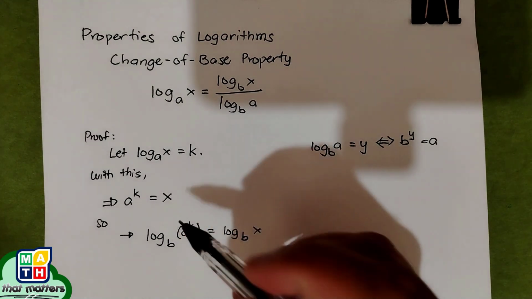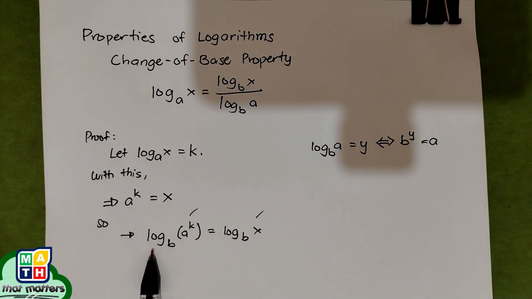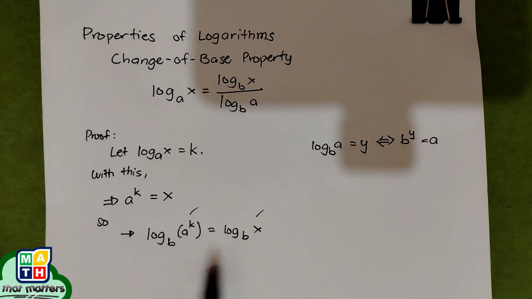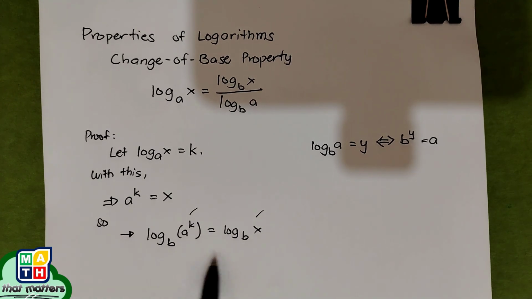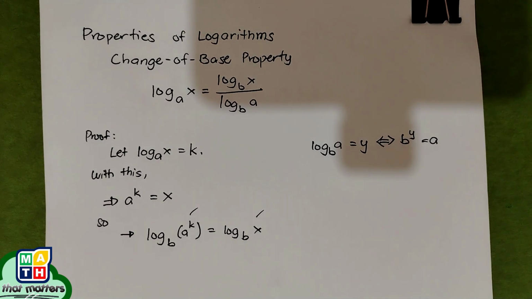Take note that we have this already established as an equality. So if we have the logarithm of a to the power of k to the base b, and the same expression here, definitely they are also equal to each other, because the expressions are already equal based on our earlier analysis.